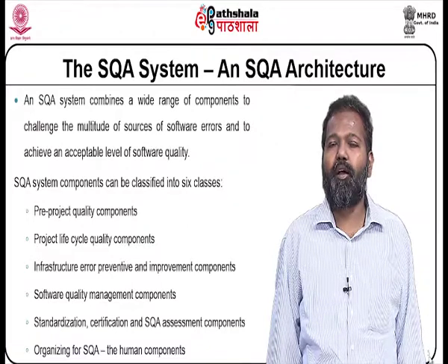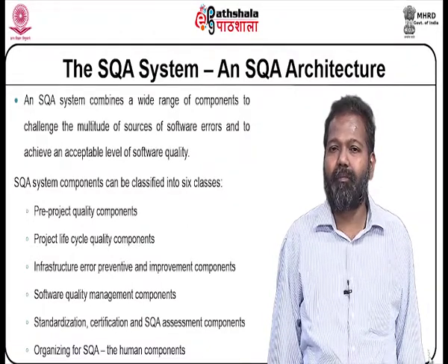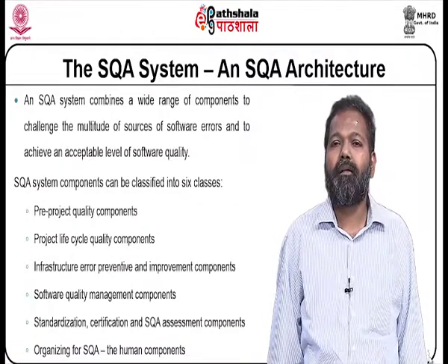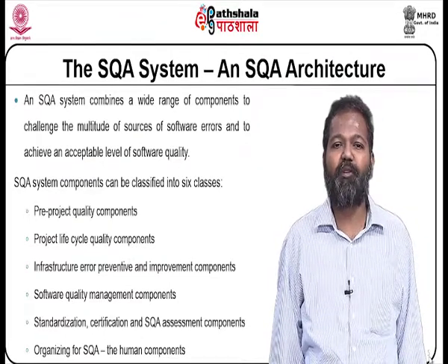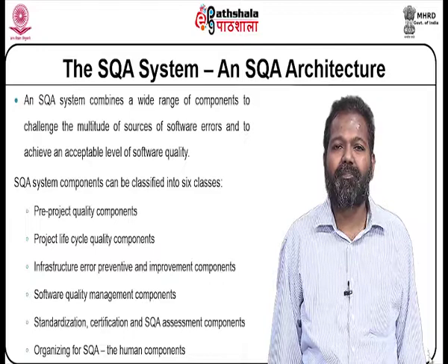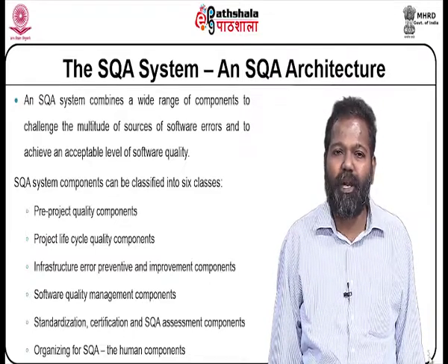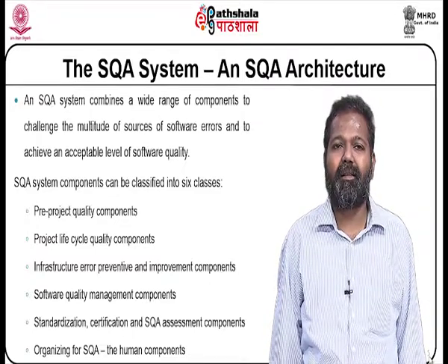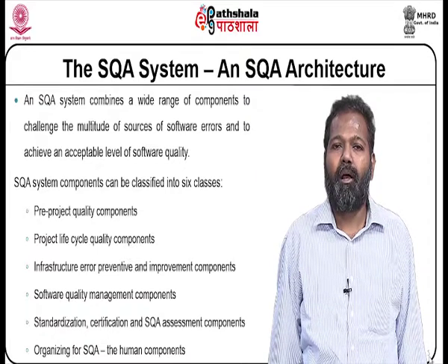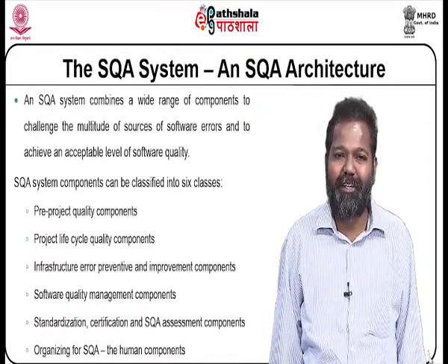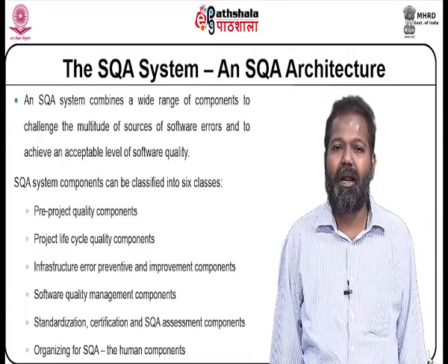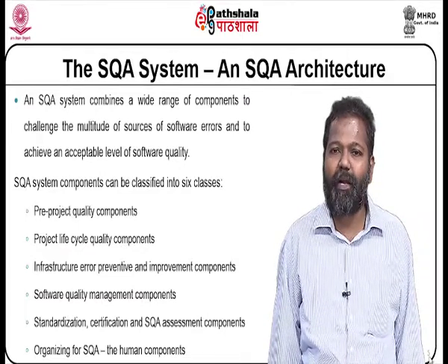The software quality assurance system and SQA architecture. A software quality assurance system combines a wide range of components to challenge the multitude of sources of software errors and to achieve an acceptable level of software quality.